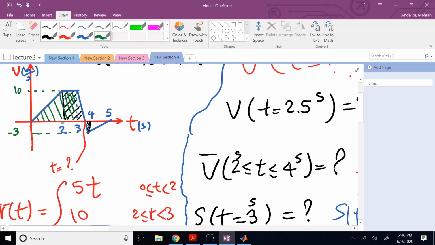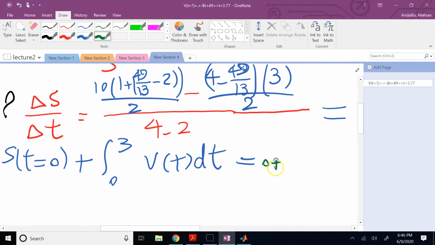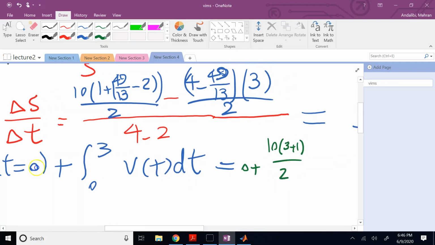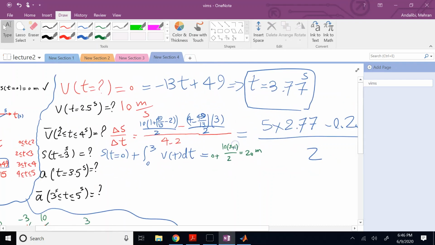One base is 3, the other one is 1, the height is 10, and divided by 2, okay? So this is going to be 0 plus 10 times (3 plus 1) divided by 2, which is going to be 20 meters. So if I started at origin at time 0, now after 3 seconds, I'm 20 meters away in the positive direction on the right side of the origin.